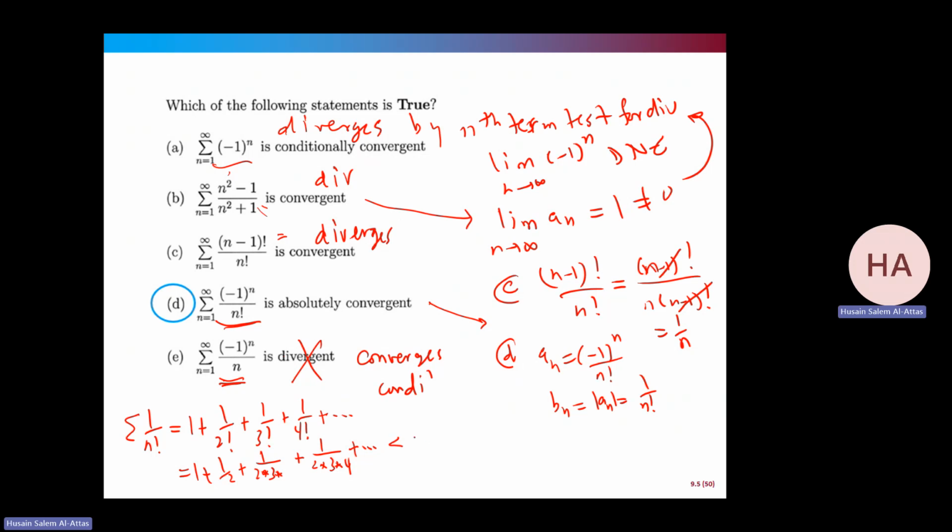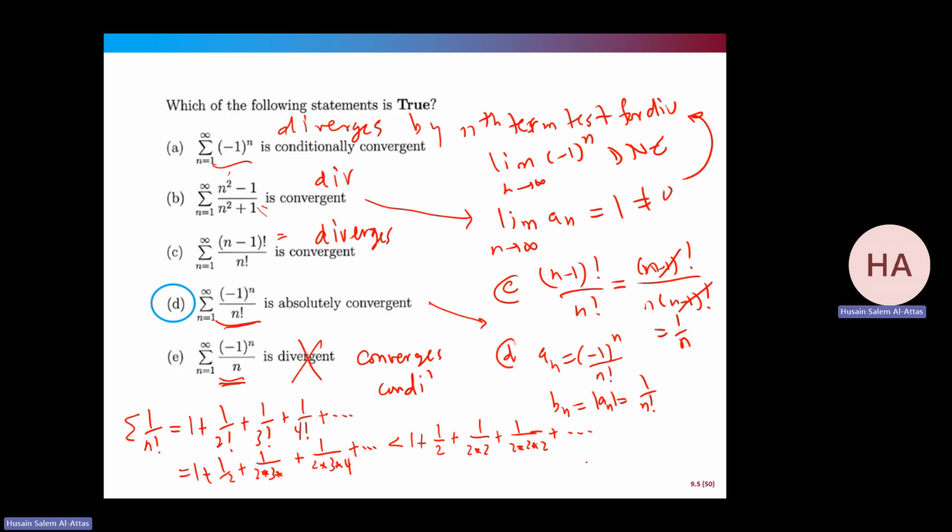And this will be less than 1 plus half. And 1 over 2 times 3 will be less than 1 over 2 times 2, plus 1 over 2 times 2 times 2, and so on.